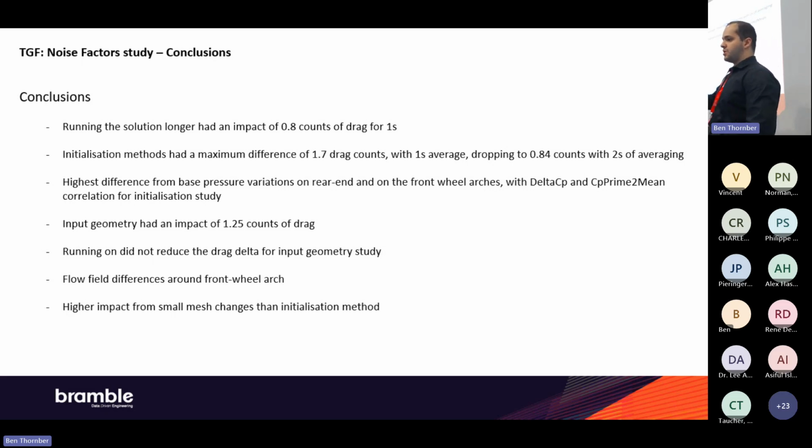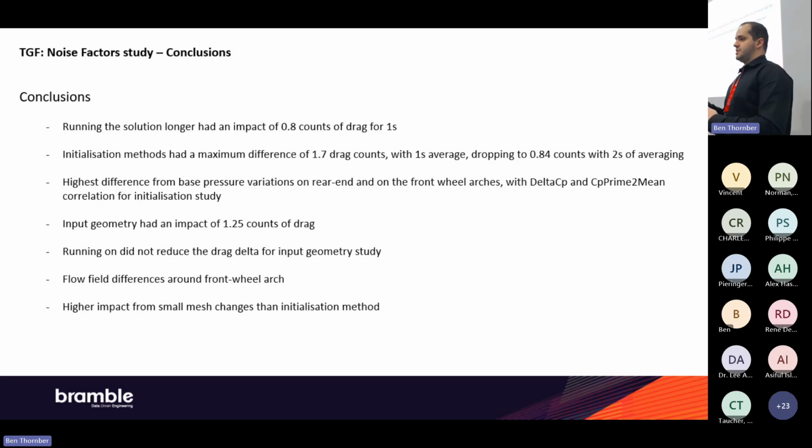By running longer, it will decrease this. The initialization had an impact of 1.7, but by running on, this decreased to 0.8. And this correlation between the transient variability of the flow field and the differences was captured. For the input geometry, there were 1.2 counts for 1 second.